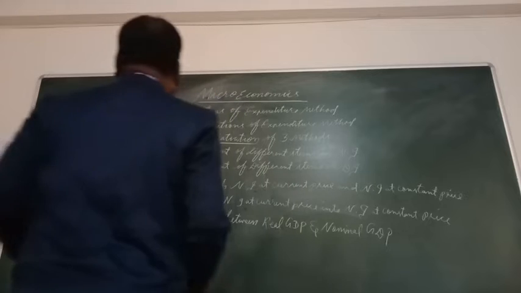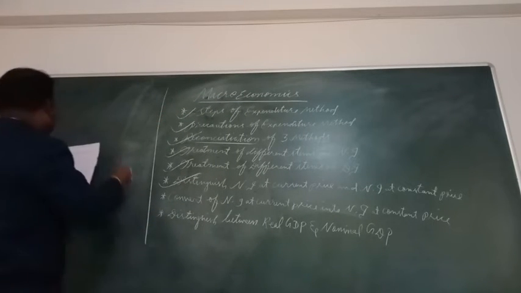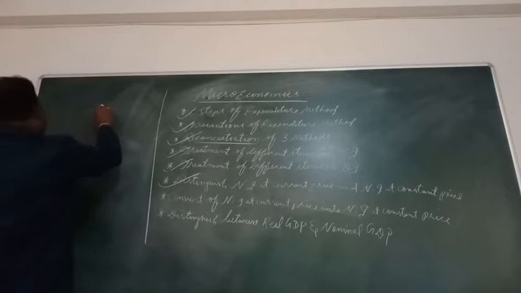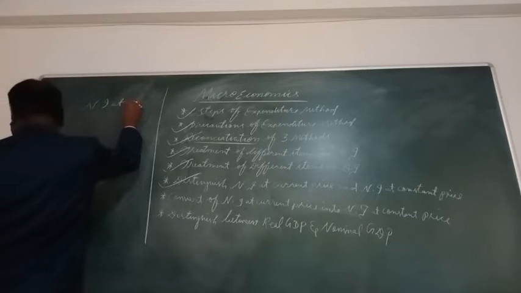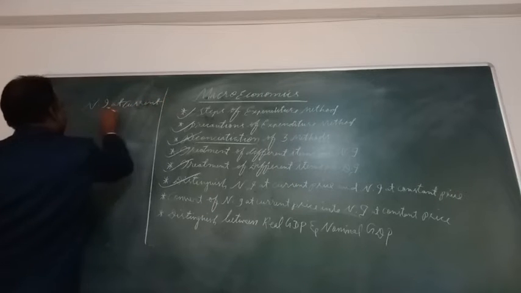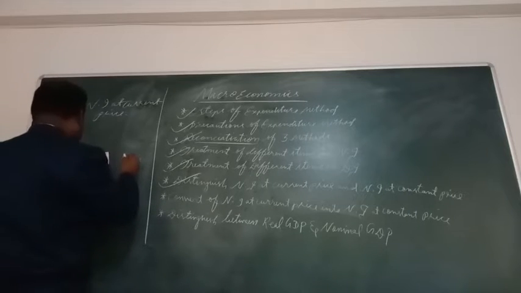Listen. National income at current price is how many, beta?